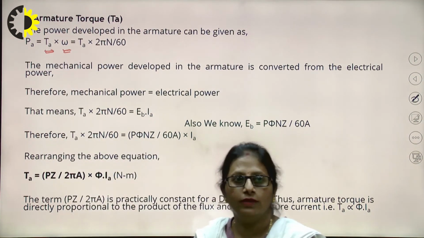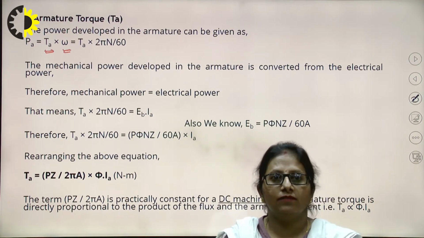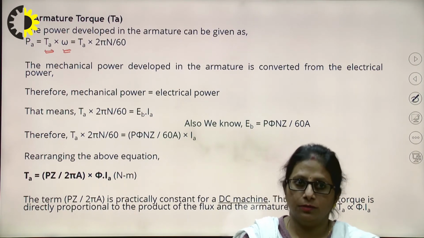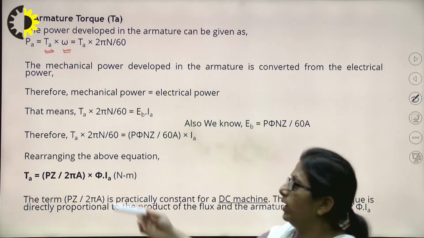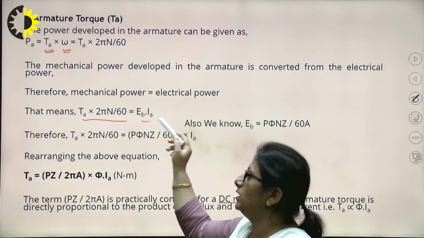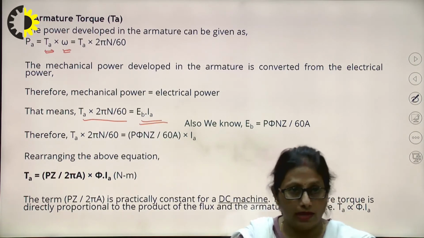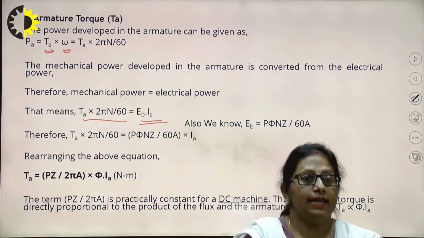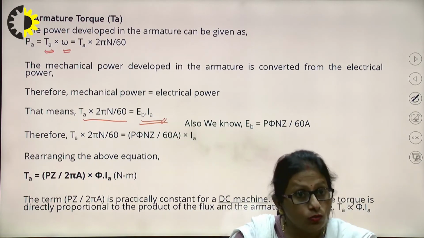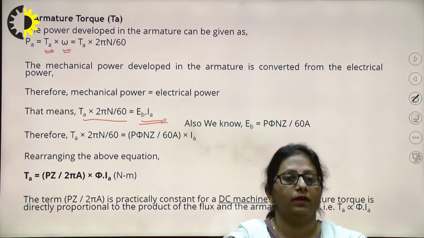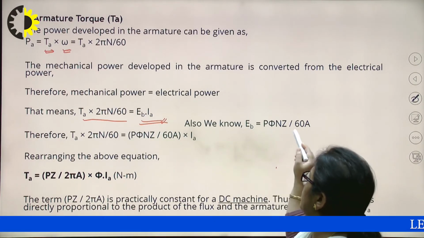The mechanical power developed in the armature is converted into electrical power, so the mechanical power equals the electrical. That means tau A into 2 pi N by 60 must equal what we derived in the earlier slide, that is back EMF multiplied by the armature current. We also know the expression for back EMF, obviously phi P Z N by 60A.